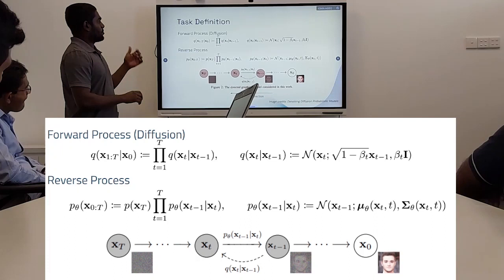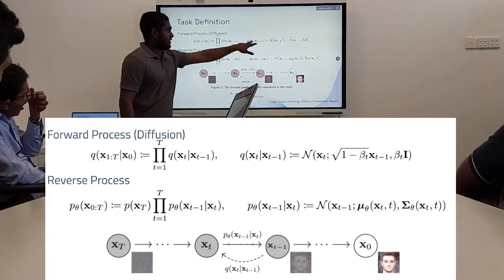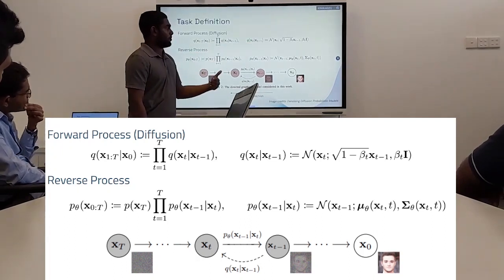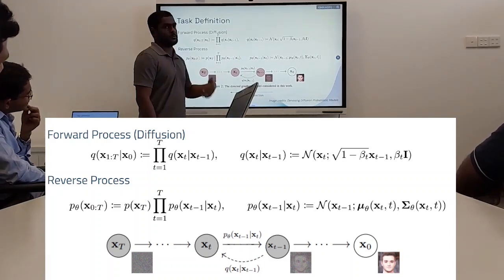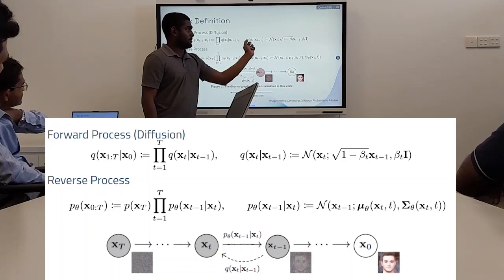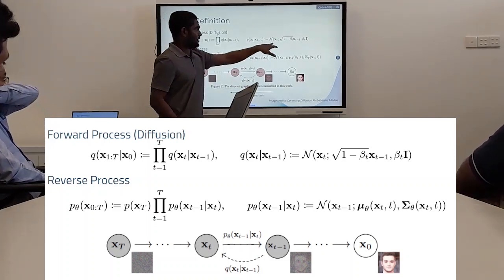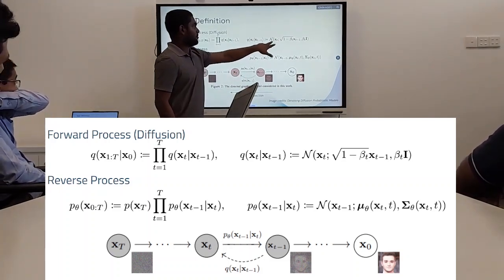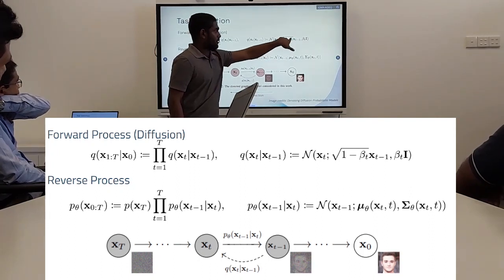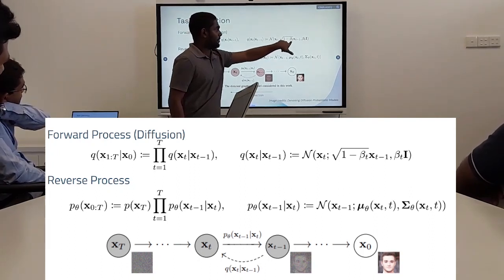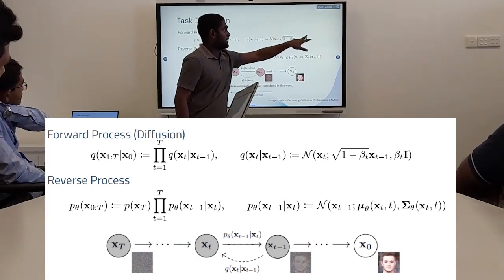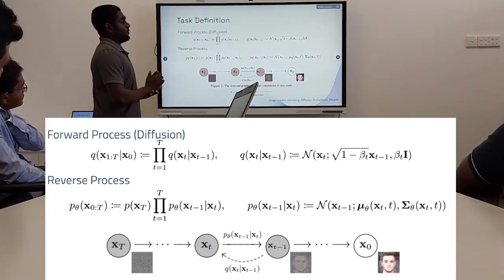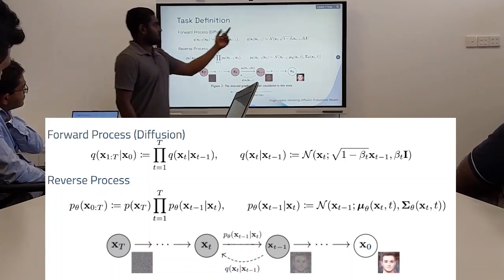In the forward process, we take the lower sample, that means x0, and generate a higher sample, that means x1, using this method. It outputs xt by using xt minus 1 as an input and as the mean, and beta t as the variance. So this is actually a probability distribution.